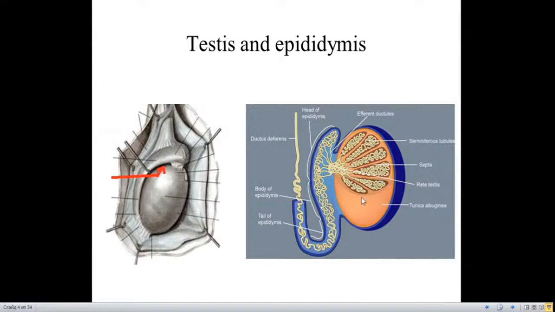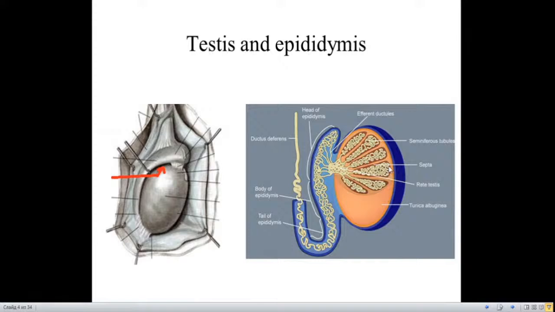If we go inside the testis, we can see that testis is divided by septa into lobules, and these lobules contain so-called seminiferous tubules. And actually there are two types of seminiferous tubules.